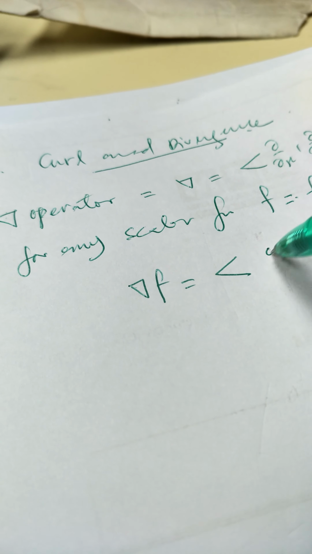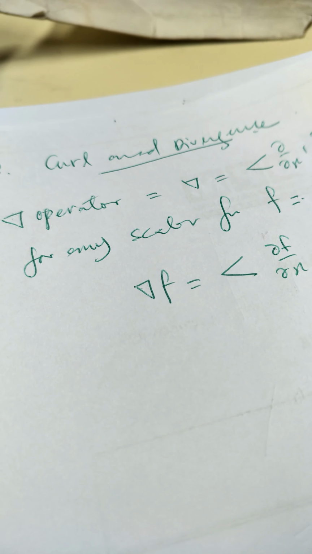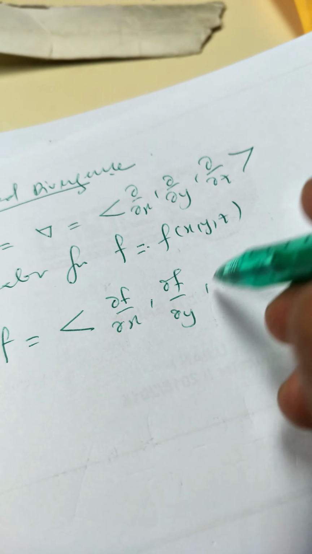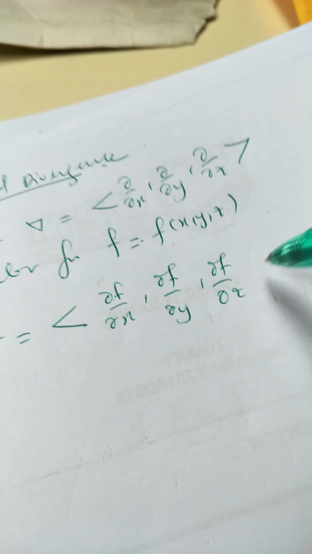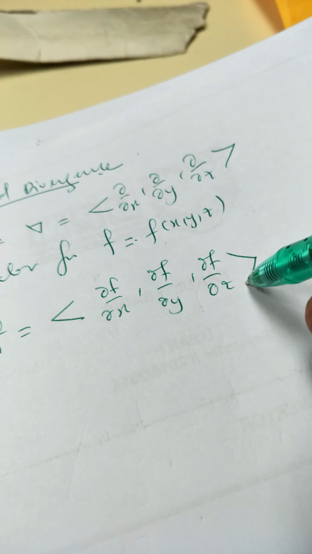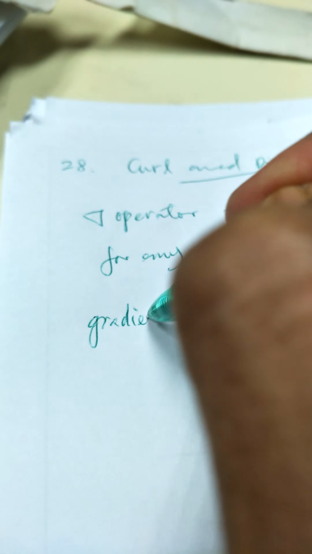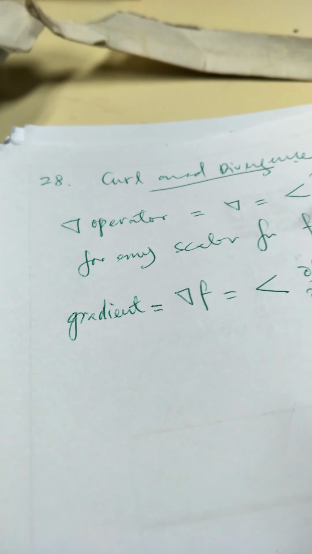Del f is given as del f del x, del f del y, del f del z. Okay, this we call a gradient vector.